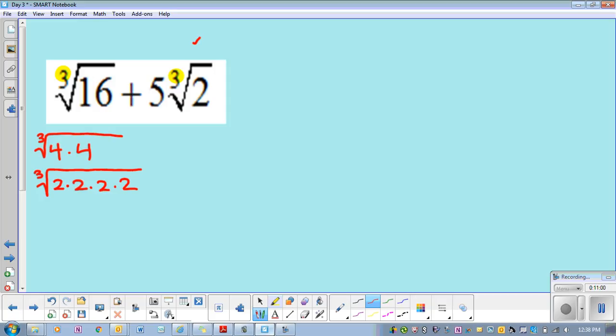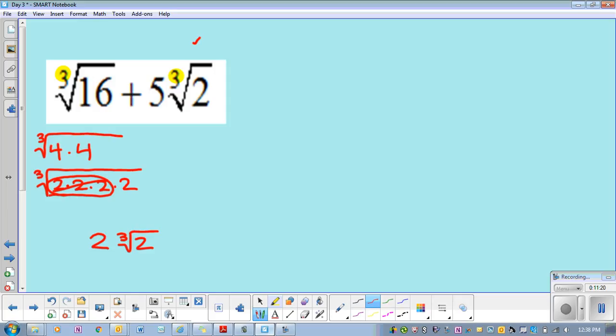How many do I need in the group? 3. So there we go. That means I have a 2 that can come out, and I have a 2 that needs to stay in. I just simplified the radical.